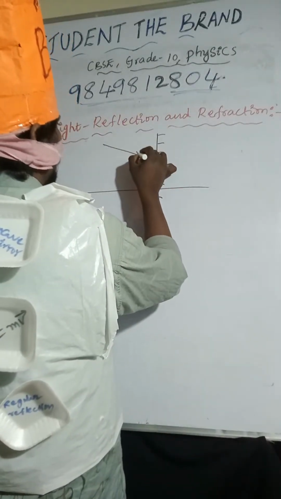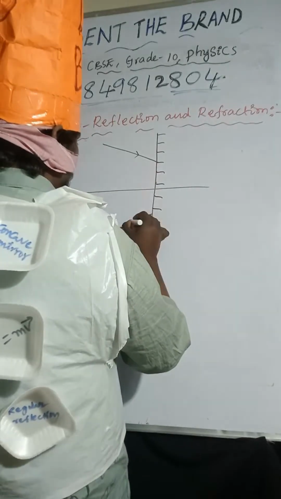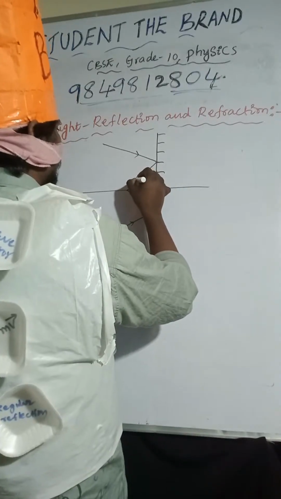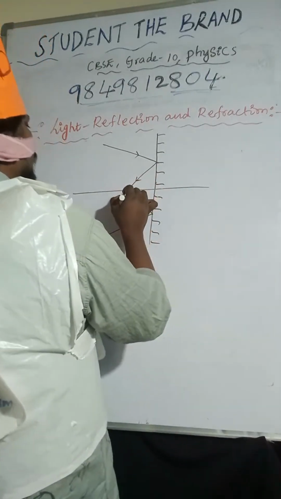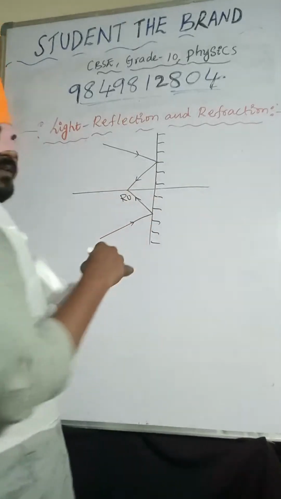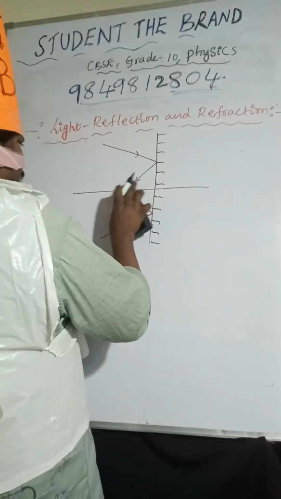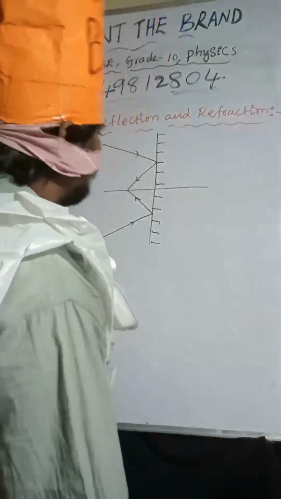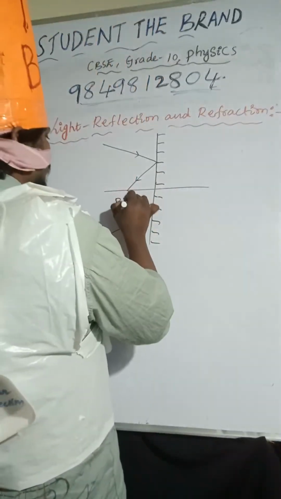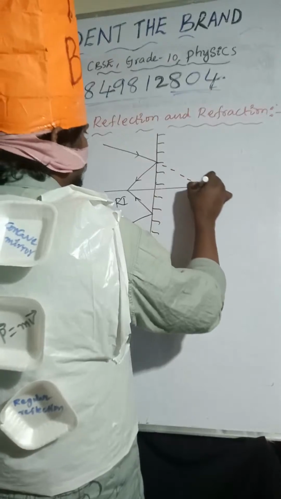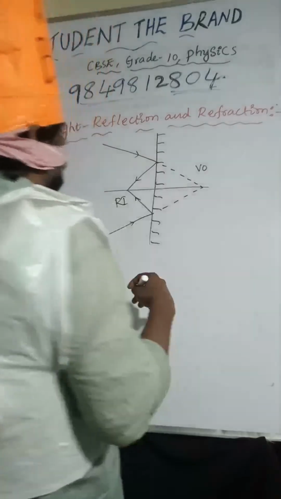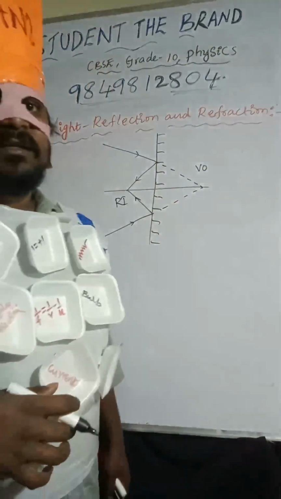Light rays are coming from the object. After reflection, the light rays are meeting at one point. So here is a real object, sorry, a real image. Light rays are coming from the object, right? This is a real image. And if you extend these light rays, this is a virtual object. Real image and virtual object.